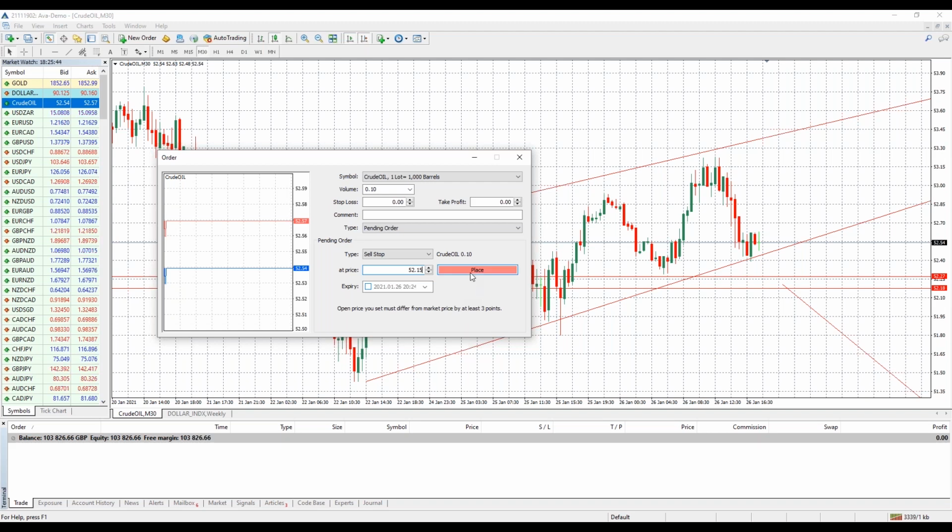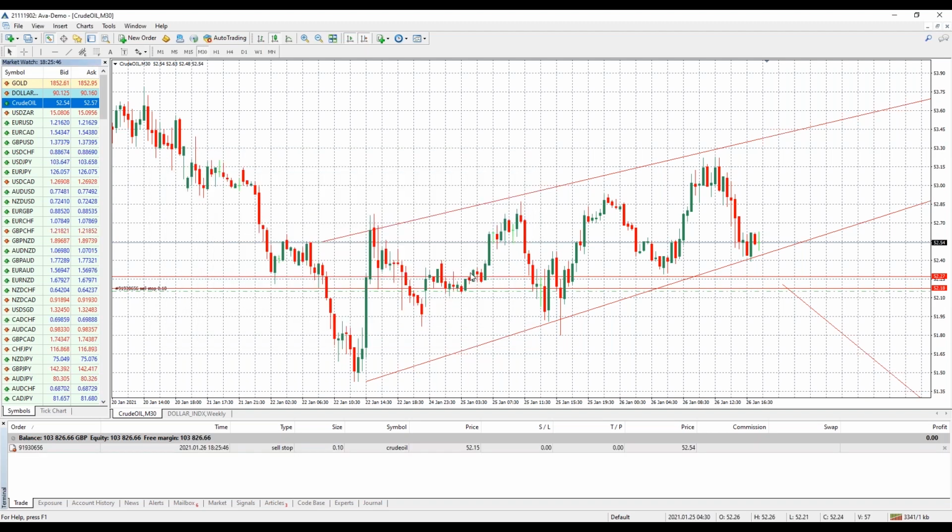And so then I put my pending order to activate if it breaks to this price here, to this green dotted line. And I can put a stop loss back up here above that line, and my take profit somewhere down here at the next support level, which is around 51.5. Okay, so I don't have to risk much. I could put my stop loss at 52.3 and my take profit at 51.5.